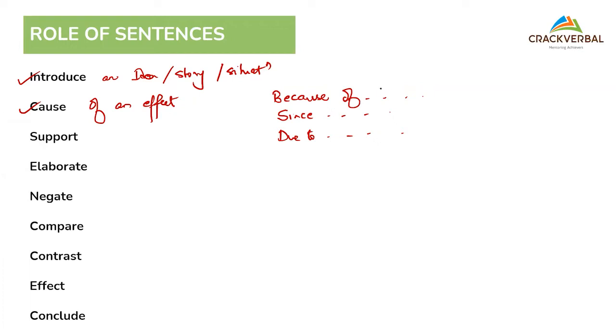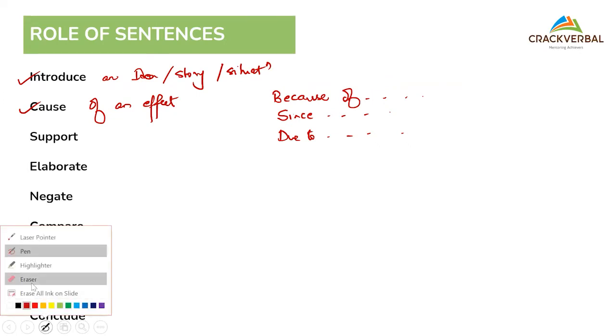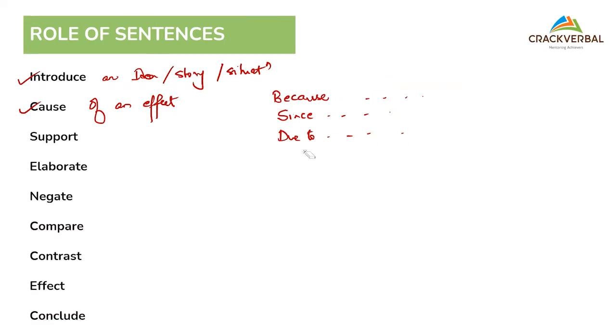If I have a cause here, or since, something has happened since there is an act after this. So all of these words are called cause indicators. Whenever you see such words, you will know that they are working as cause indicators.